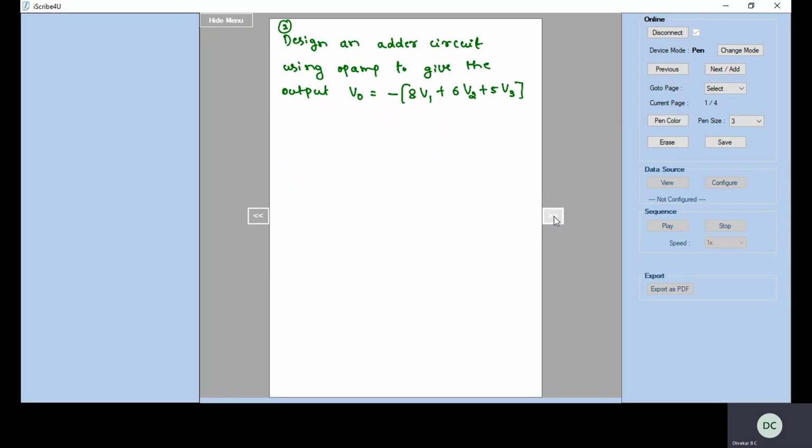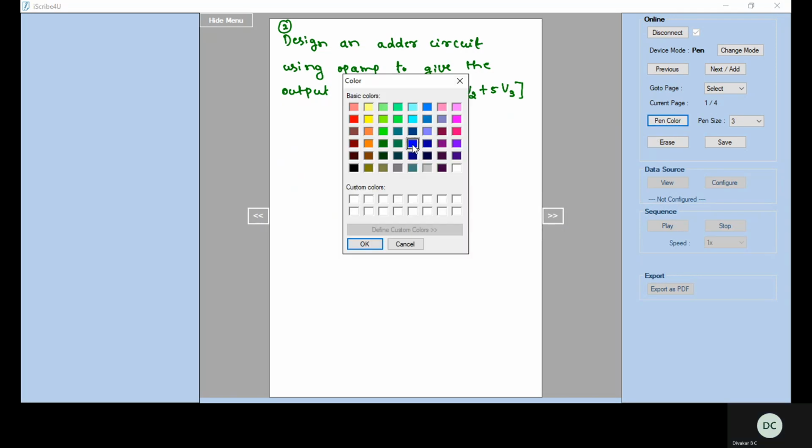So since the output voltage equation consists of negative sign, hence consider inverting summer with 3 inputs.